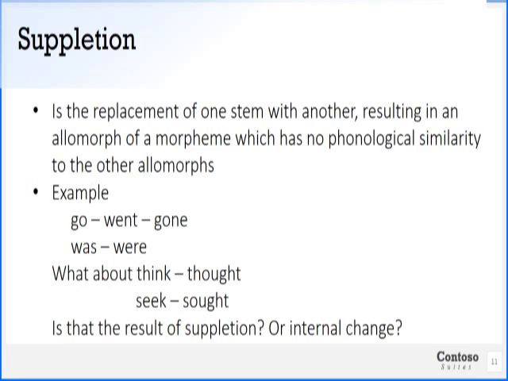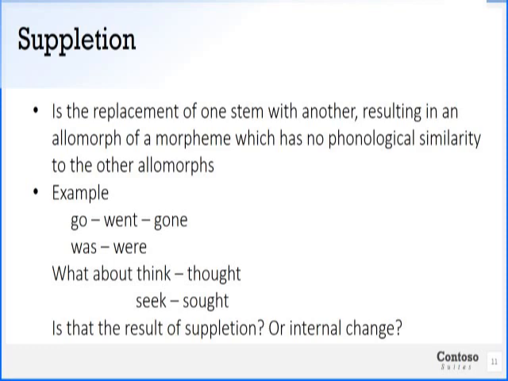If you take a look at the example, go becomes went, there is no phonological similarity. It is totally changed. Was, were only has the same initial sound, w, but the rest is changed. There is no similarity in the phonological sound.